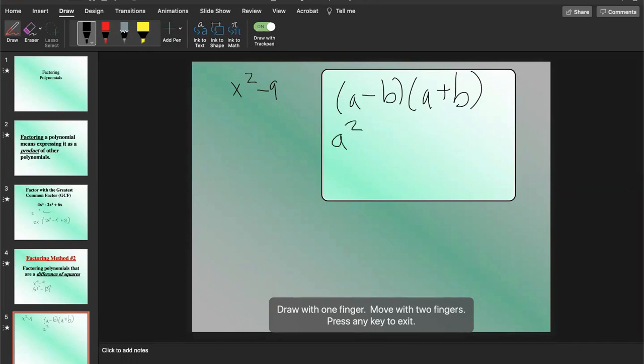Then we get a minus ba, and then we'll also get a plus ba. And at the end, we'll get a minus b squared. You'll notice really quickly that these two middle terms cancel out, and at the end we get a squared minus b squared.